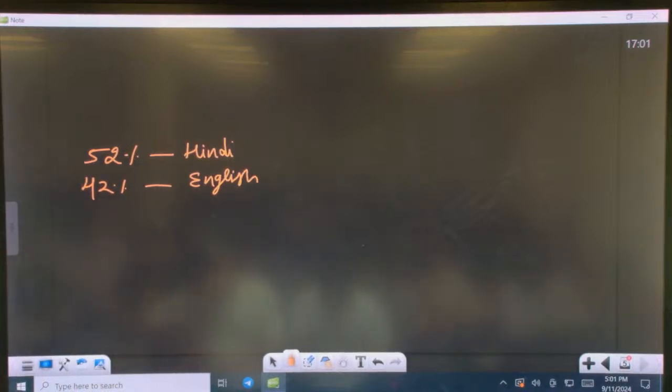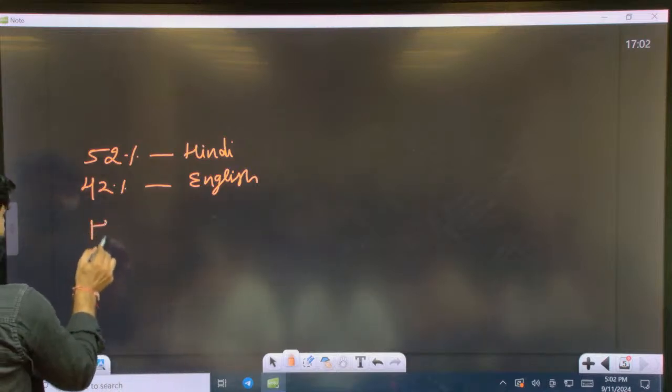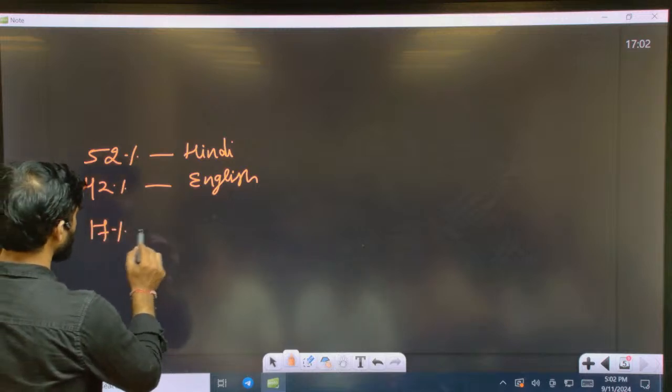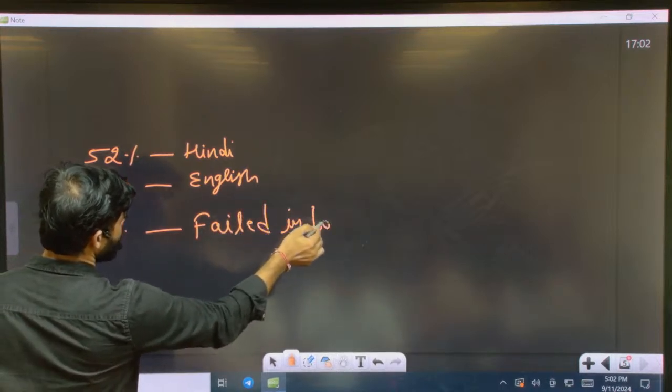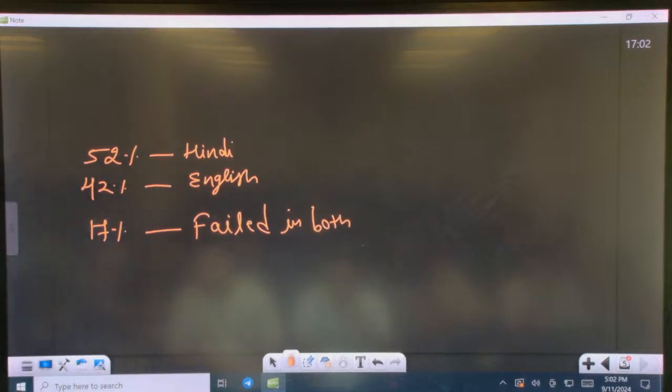If 17% students failed in both, then what percent of the students passed in both the subjects?